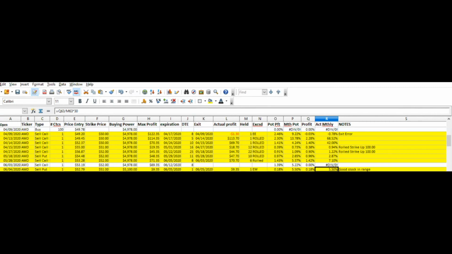I've been watching this stock price so much since April. For the last 2 months, I've been watching this stock price, and it tends to move counterintuitive to the market. So when the market's having an up day, a lot of times AMD's having a small down day, and when the market's having a down day, AMD's having a small up day.